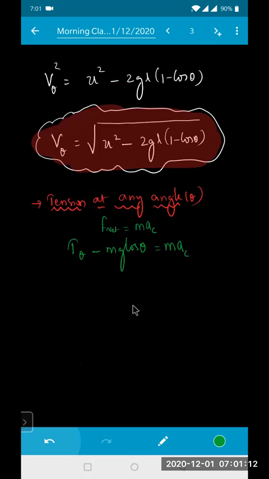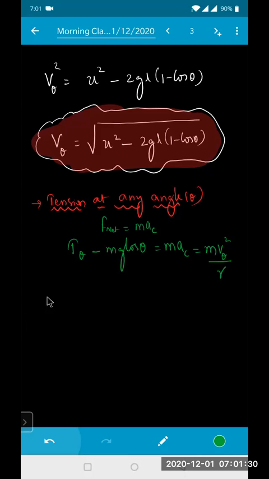So T minus mg cos theta is equal to m into centripetal acceleration, v squared by r. So I can write this as v theta squared divided by r.